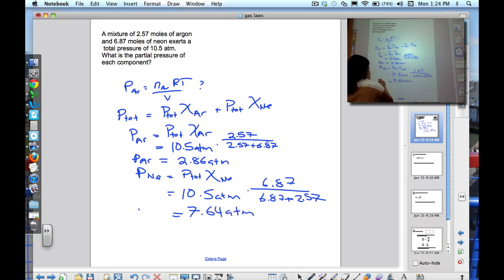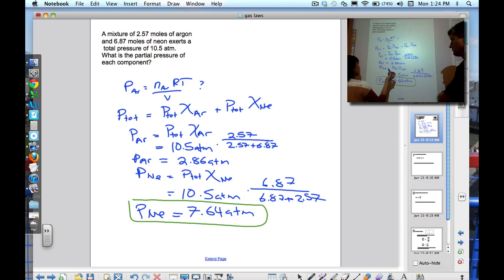Fantastic. And there's the partial pressure of argon right there.